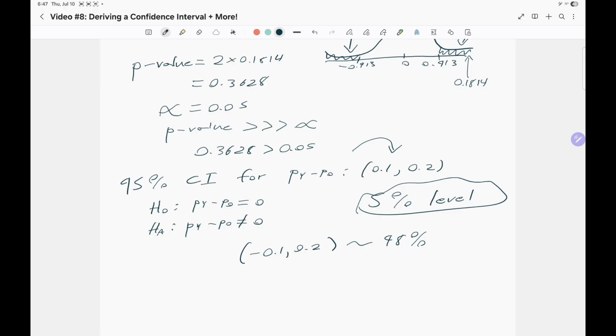I'm just trying to see if I'm saying anything wrong. No, I think what I'm saying is right. At the 5% level here, we can't reject the null hypothesis in favor of the alternative. Yes, we fail to reject.